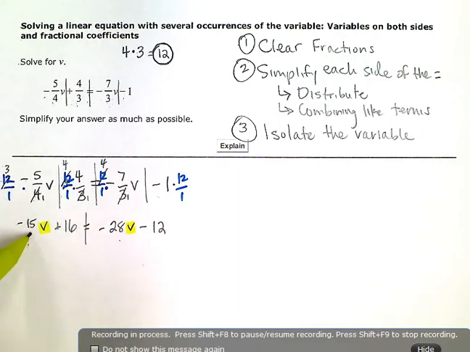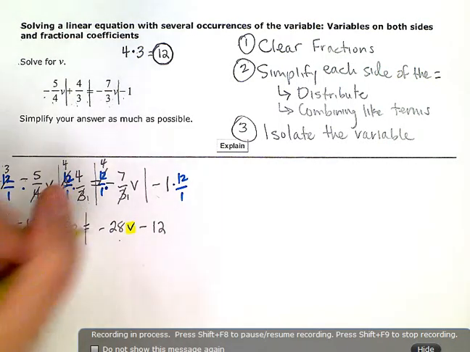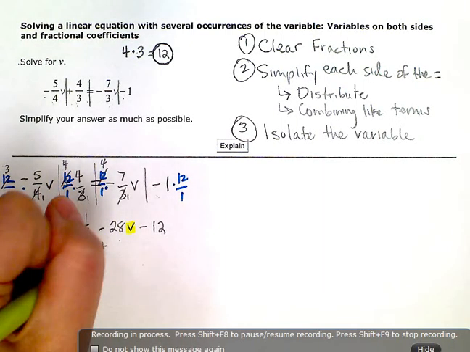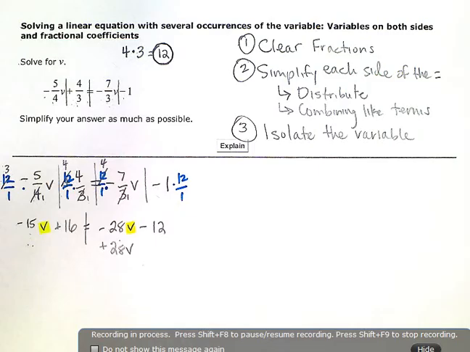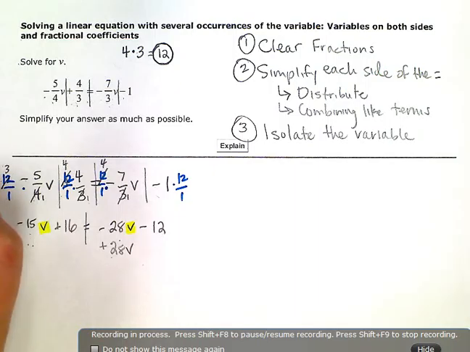It doesn't really matter which one, but I only want v's on one side of the equation, not both. I like to keep my variables on the left side, so I usually eliminate this one that's on the right. So the opposite of negative 28v is positive 28v. That's what will zero it out. But if I add 28v to the right side, to keep my equation balanced, I also have to add 28v to the left side.